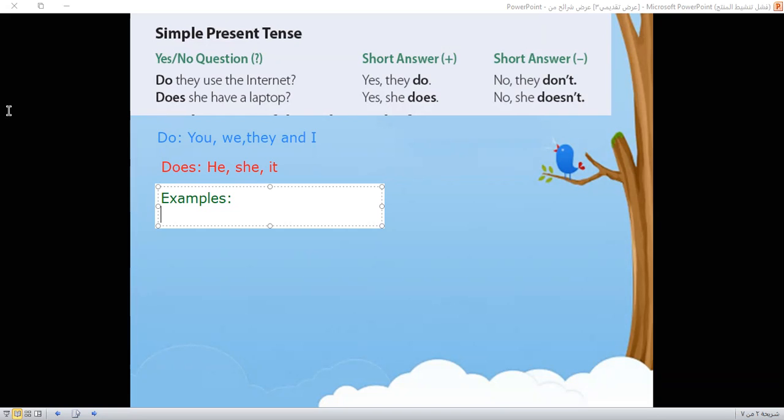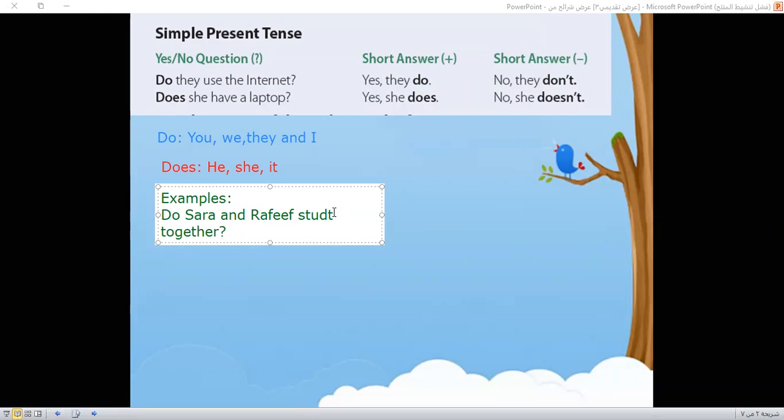Okay, so we can say, for example, do Sarah and Rafif study together?